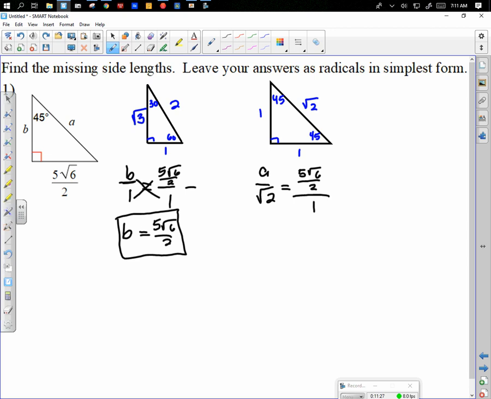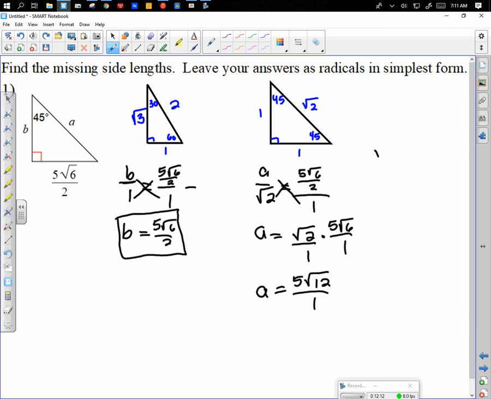Now, like before, cross multiplying, this will give me a, and then cross multiply this right here. You have radical 2 multiplied by 5 radical 6 over 1. Now, if that's a fraction, make this a fraction. Multiply across. This times this will give me 5 radical 12. And 1 times 1 will give you 1.